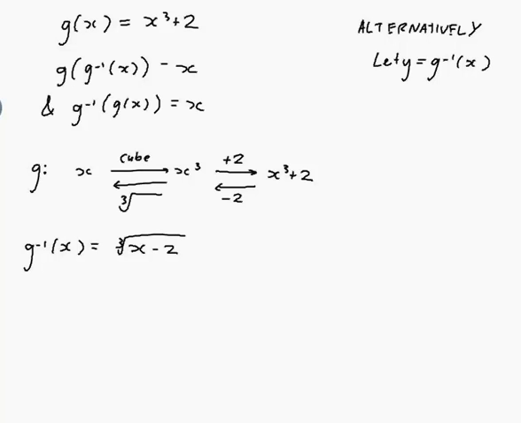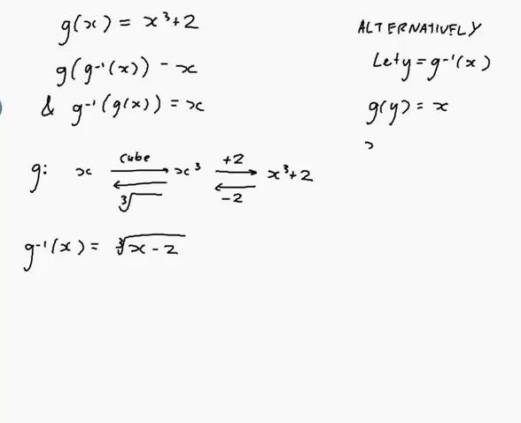Alright, well, we don't know what y is, so our aim is to figure out a formula for y. But whatever g inverse is, if I do g, it will cancel it out. So if I do g on both sides, I'll get g of y is equal to x. But g of y is what I get when I put y into g.